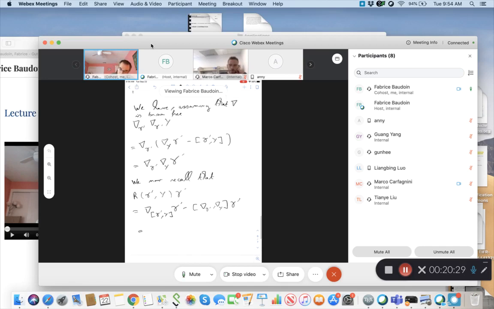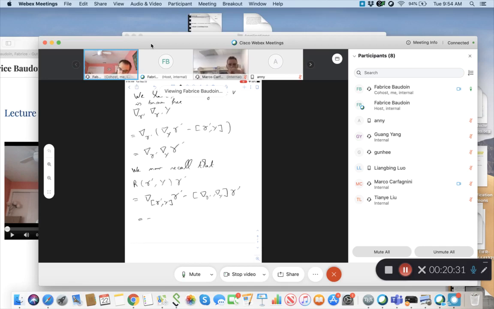So I will write it explicitly. I get as a first term nabla gamma prime nabla y of gamma prime, and the second term is nabla y of nabla gamma prime of gamma prime. But what is nabla gamma prime of gamma prime? Can someone tell me, to make sure that you are following?